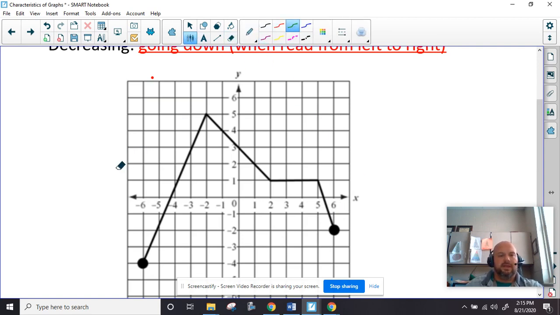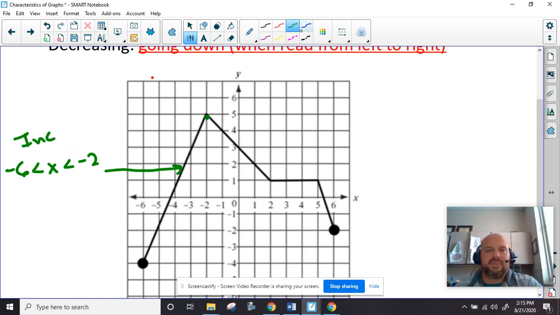Okay, on this part, it's increasing, and we would say that's between this point right here. This is -6. It's less than x, and it goes all the way up to where x is -2. This is on this x value right here. So this is where we would say this is an increase.